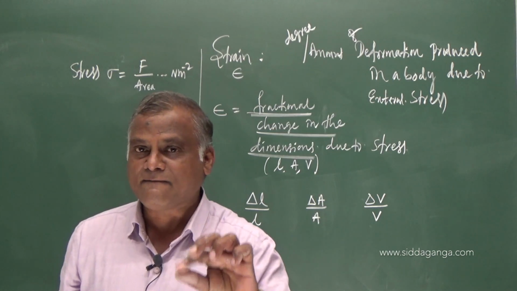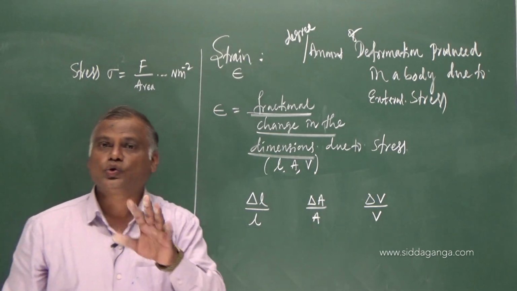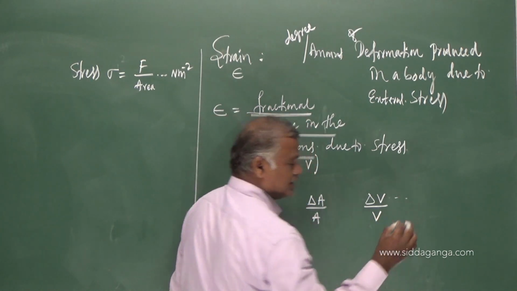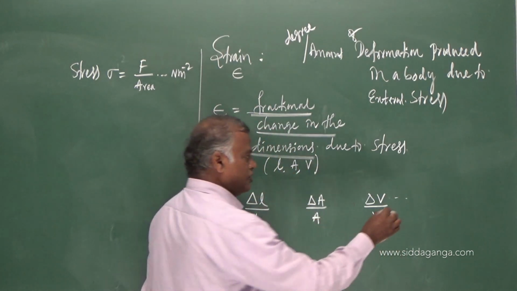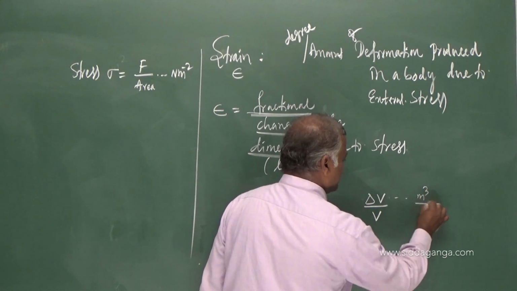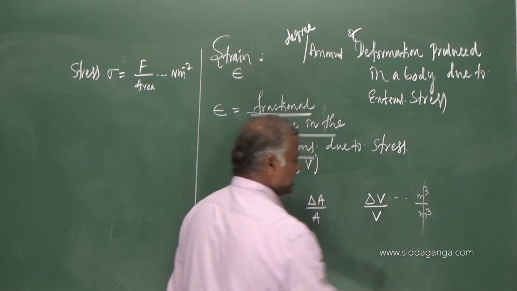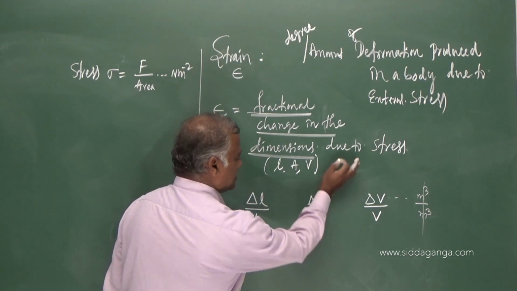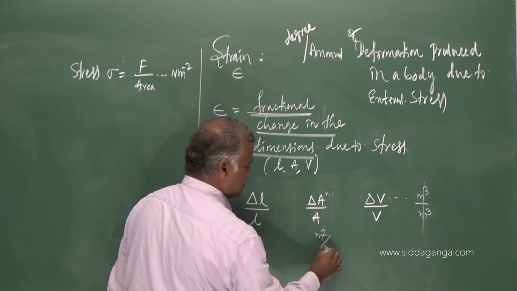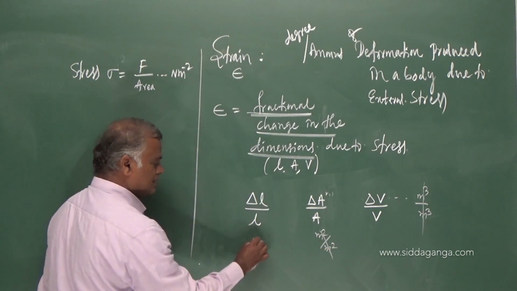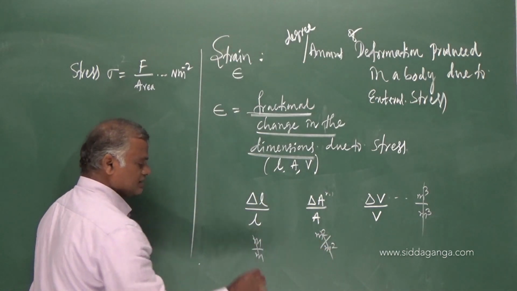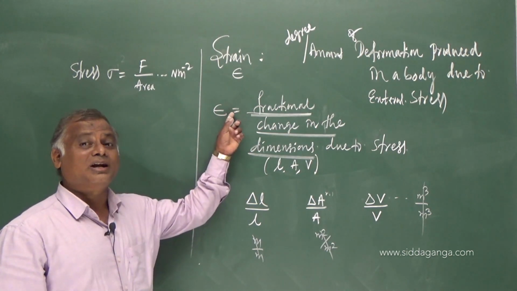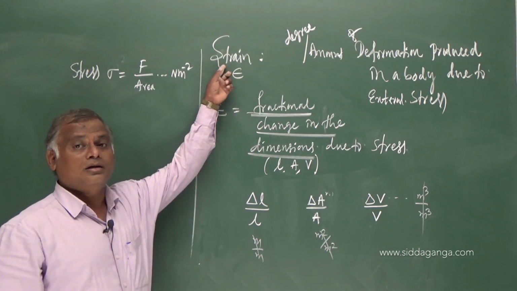Ratio of the same physical quantity has no unit. Volume, if you write the SI unit of volume, what do you get? Meter cube divided by meter cube cancels. Here meter square divided by meter square cancels. Here meter cancels.